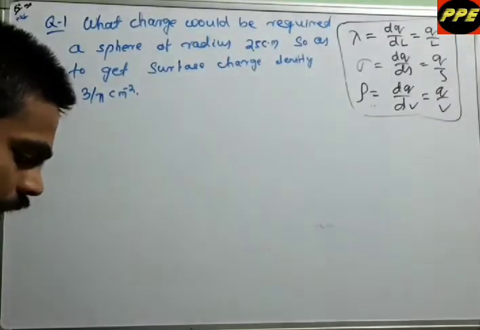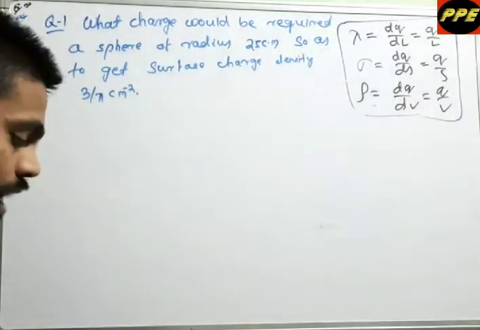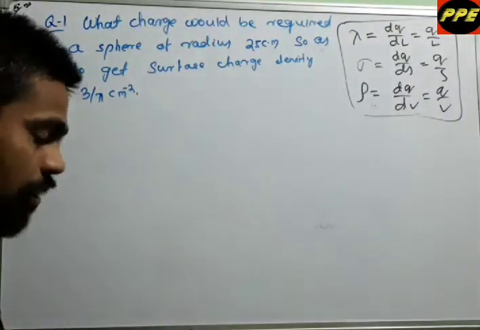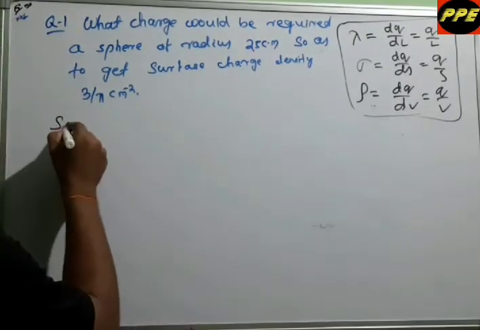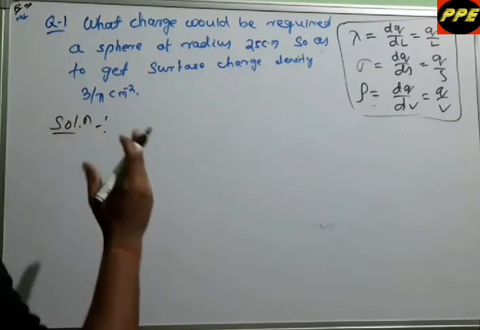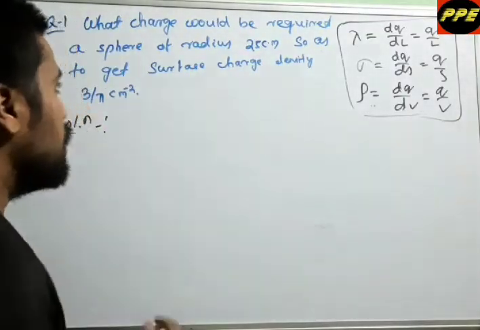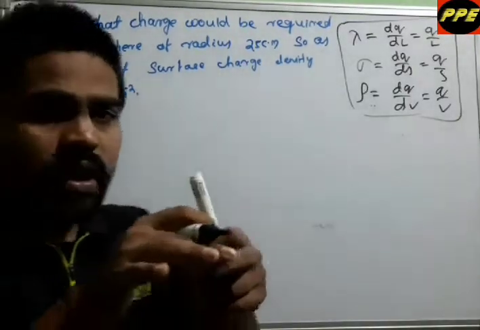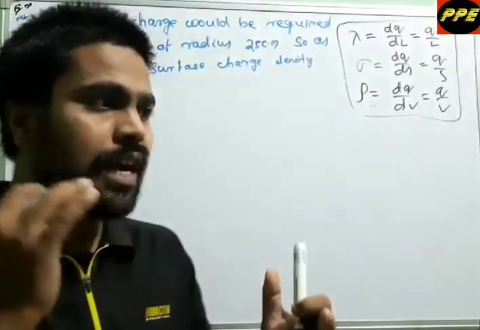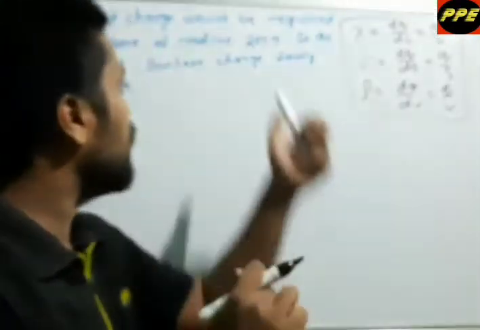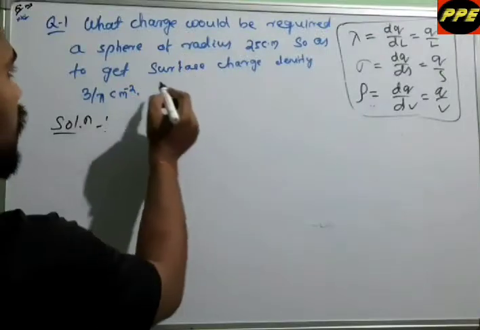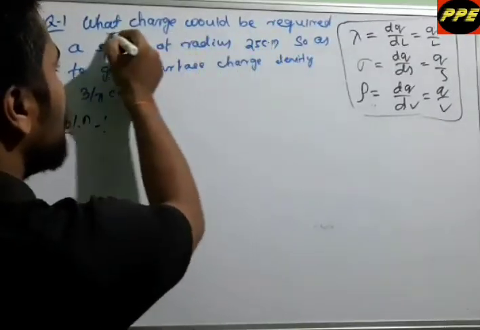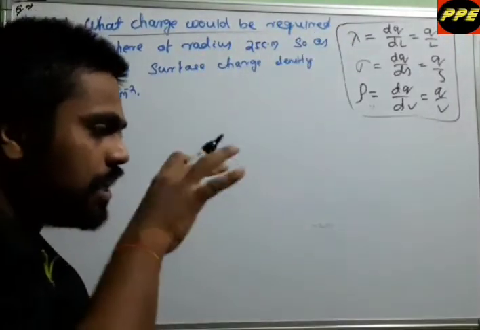So just see how to attempt this type of question. First you have to write the given information in your question. The information given is a sphere, and how much charge is required is to be found.